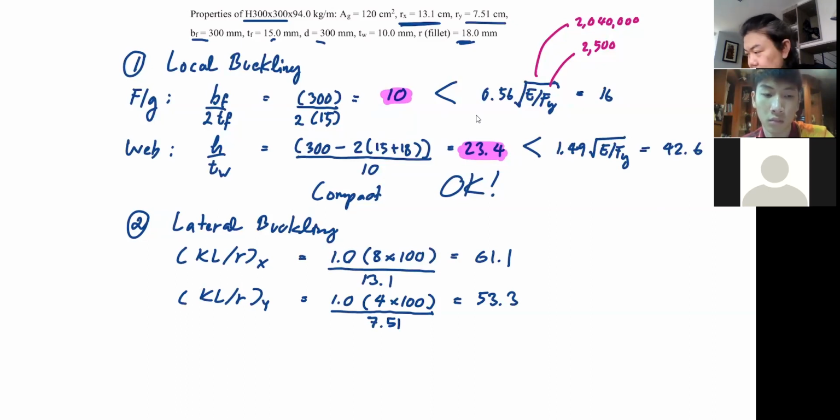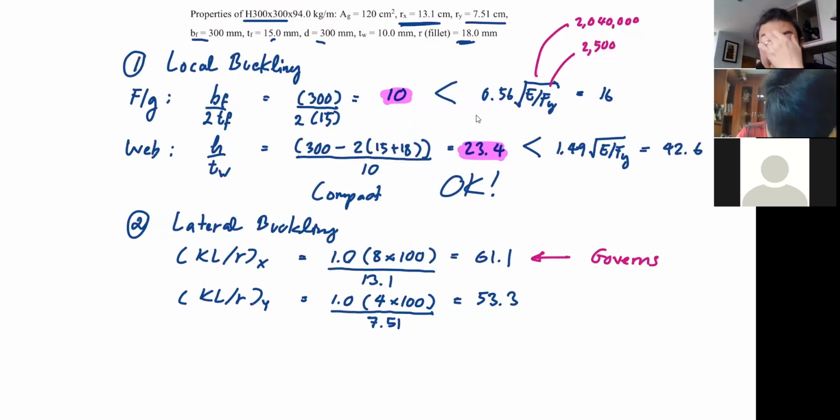It is X, right? So this one governs. Meaning the presence of the bracing makes the X-axis more slender than the Y-axis.